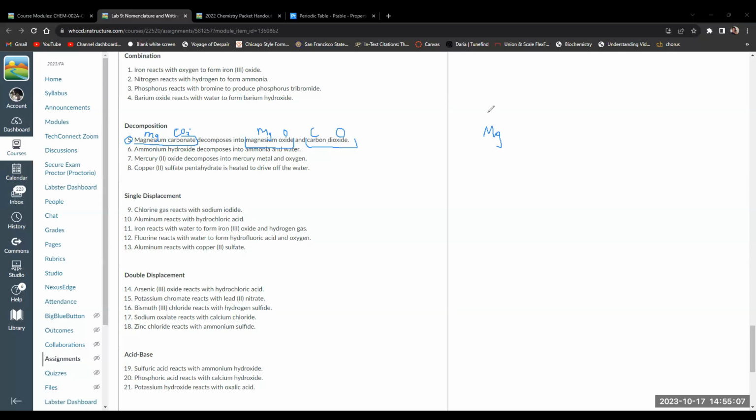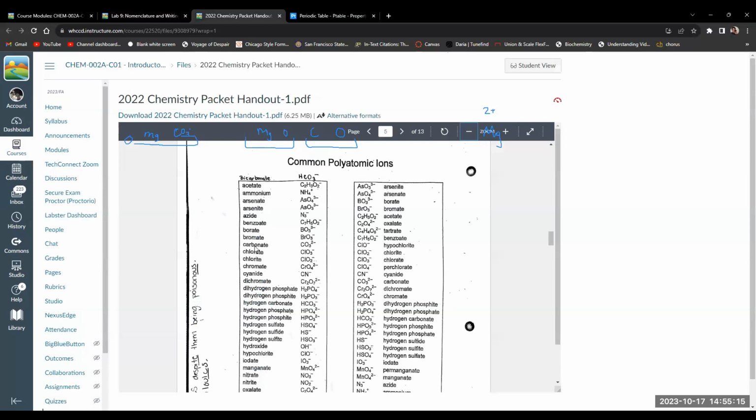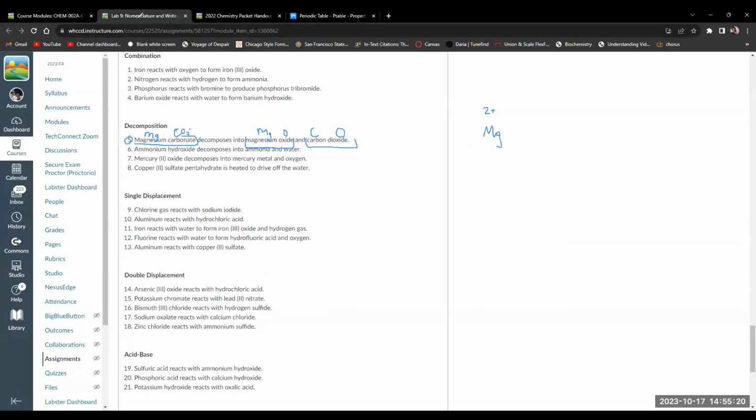Well, first we know the charge for magnesium is 2 plus, and the charge on carbonate is 2 negative. So these equal to 0 automatically. So no further work's needed here, which works out perfectly.